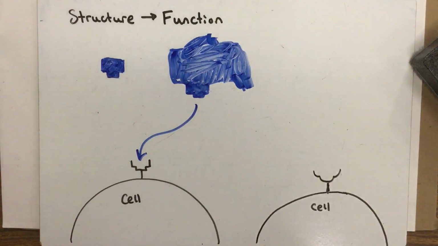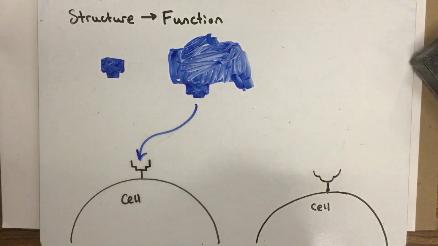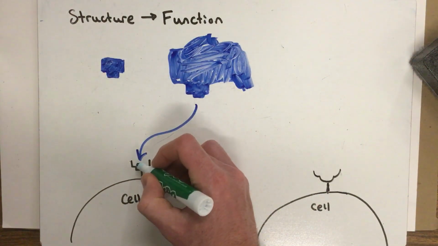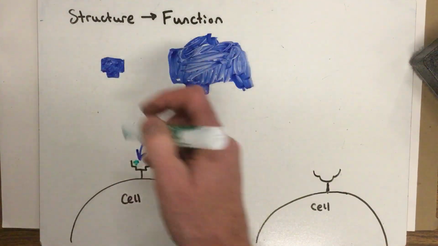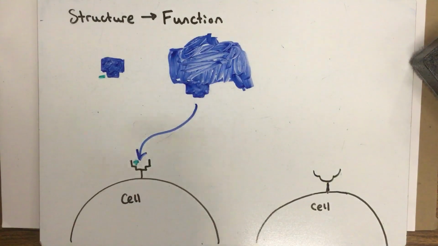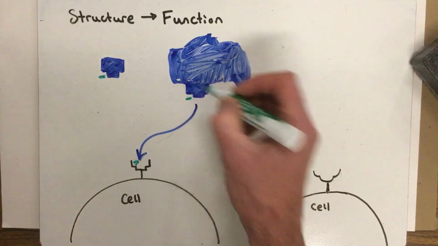The other factor that does often become important is the charges on there. So let's say this one has a slight positive charge right there. Well, then over here, I bet there's a negative charge. And our drug that we make better also have a negative charge right there.